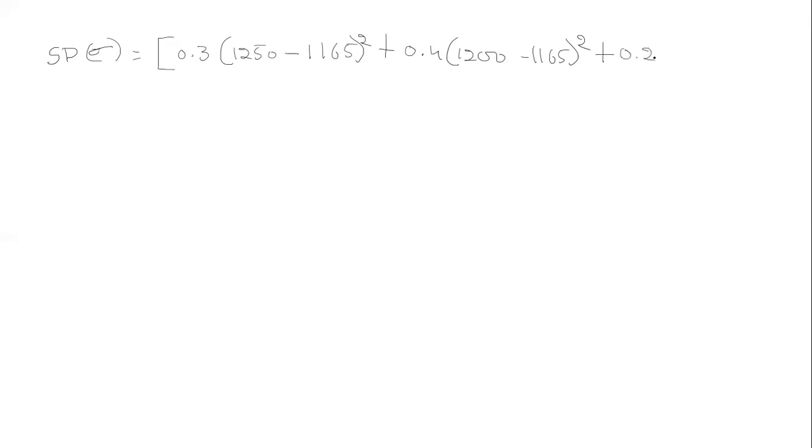Now let's calculate the standard deviation. So SD is equal to 0.3 into 1250 minus expected return 1165 square plus 0.4, 1200 minus 1165 square plus 0.2, 1050 minus 1165 square plus 0.1 into 1000 minus 1165 square.